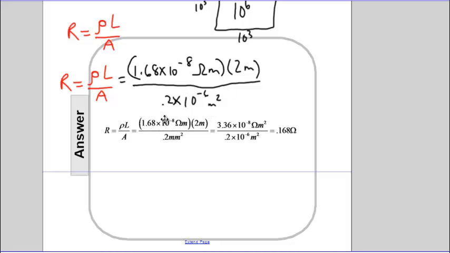The area will be 0.2 times 10 to the negative 6 square meters, and it's not converted in the first portion, and then it is converted to meters squared. It gives us 0.168 ohms, and we can just double check our units. Meters times meters gives us meters squared, divided by meters squared gives us ohms, and we are good to go.